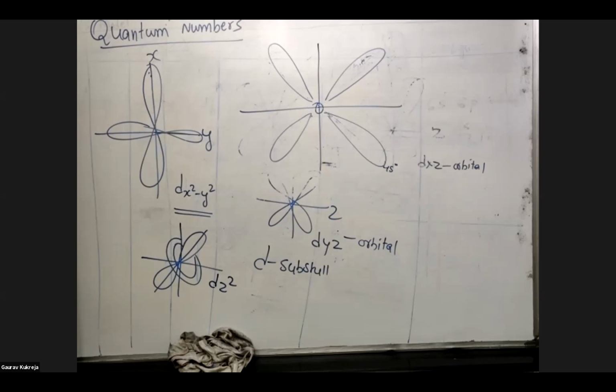So why is there that tube in dz square? I explained that after filling electrons in dxy, yz and xz, now you have filled electrons along all the 3 axes, in all the 3 planes. Now when you fill all these electrons, you can expect this.